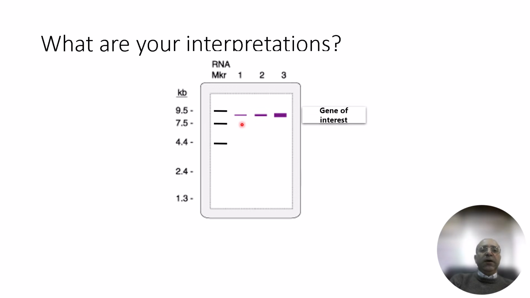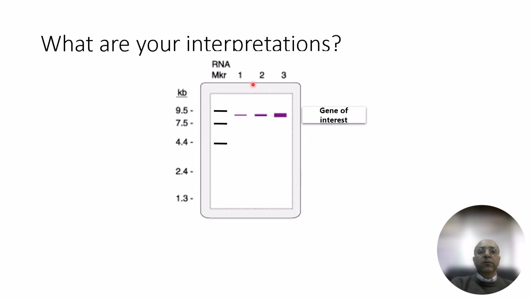So one might say that in sample 3, or the sample at condition number 3, there is more expression of the gene of interest because there's a more intense band. Well, one might say, you know what? There is some sort of technical error. For sample 1, let's say we used 10 microliters of our sample.